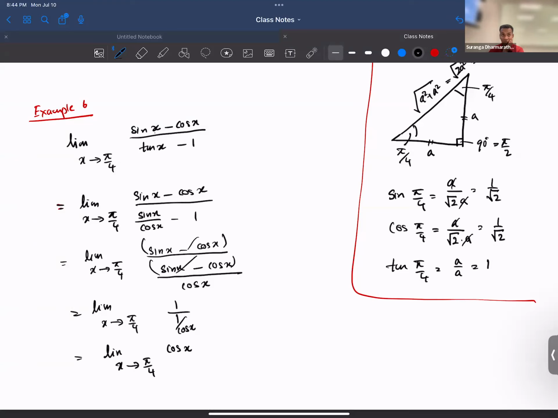So cosine pi over 4 is what? 1 over square root of 2. Right? Does that make sense? This becomes cosine pi over 4, which is 1 over the square root of 2. Good.